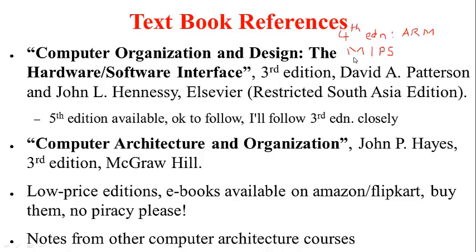So try to use either the 3rd edition or the 5th edition for this particular course. An additional reference is this book by John Hayes, Computer Architecture and Organization. Note that for both these books, there are low price editions available as well as ebooks. Please buy them if you need and don't use pirated copies. I will also be using some notes from other computer architecture courses.